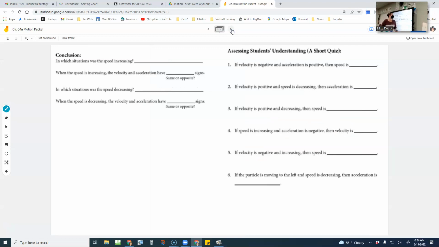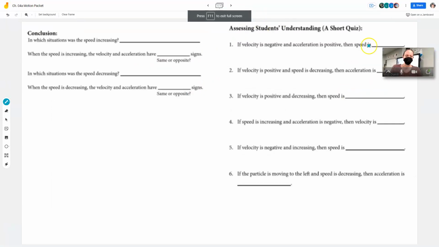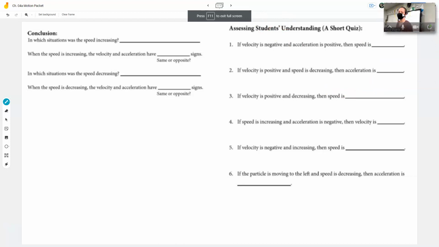What we're able to put in this final conclusion, you guys have the conclusion page, right? Yeah. What we're able to say from that activity is, speed was increasing in case 1 and 2.